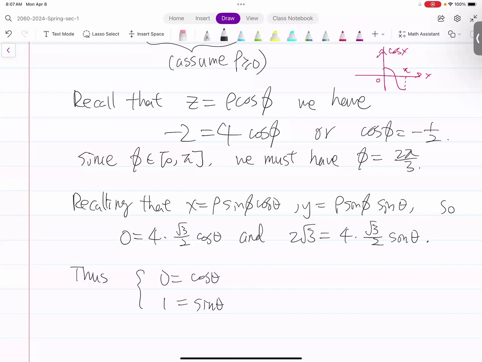So if you want to complete the entire period, there's going to be two angles. It's going to be π/2 and 3π/2, right? From here and here within the small picture on the upper right corner. But then you also need to have sine theta equals 1. So that's leaving us one solution.